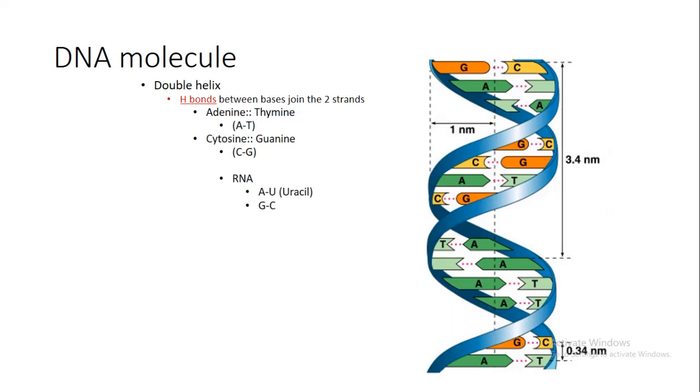In the purine and pyrimidine, when you talk of these bonds, they're able to create that hydrogen bond because these bonds are polar bonds.